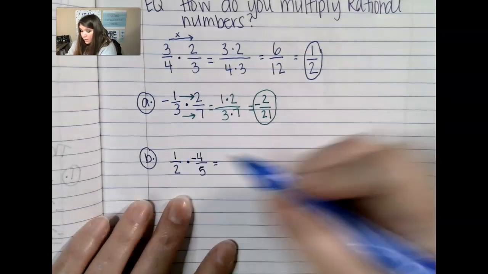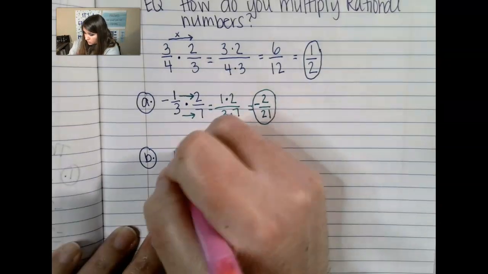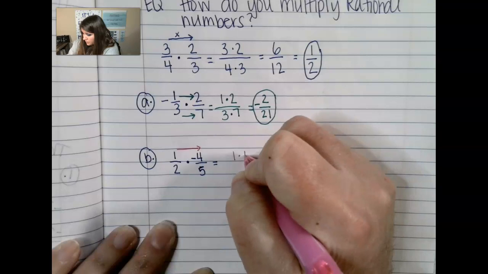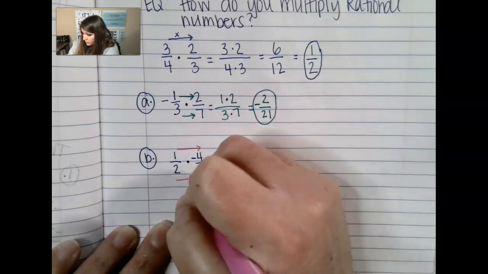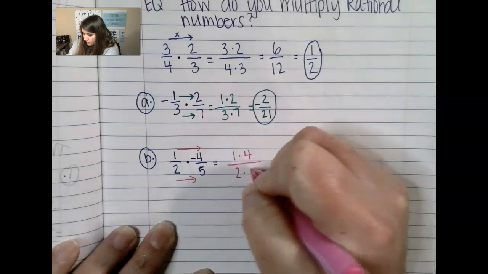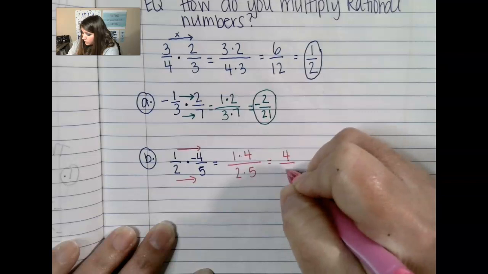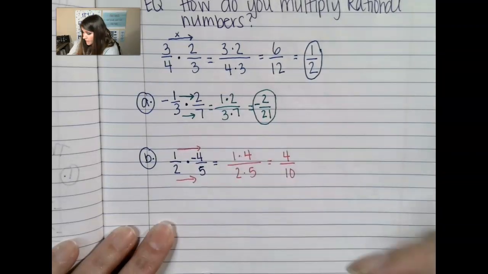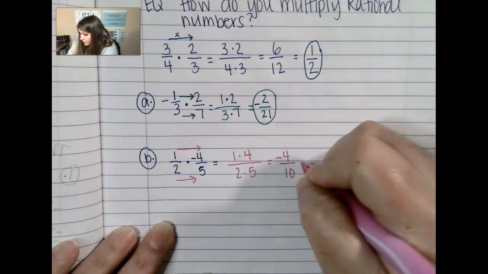All right, so again, we're going to multiply just straight across. So 1 times 4, or -4, over 2 times 5. And that gives us 4/10. But we have one negative sign, so we know a positive times a negative is also a negative.